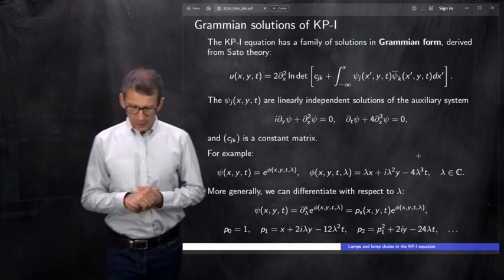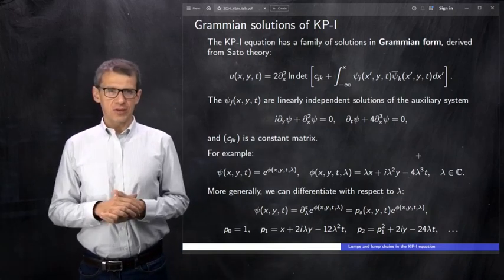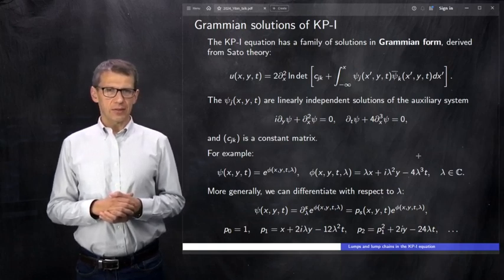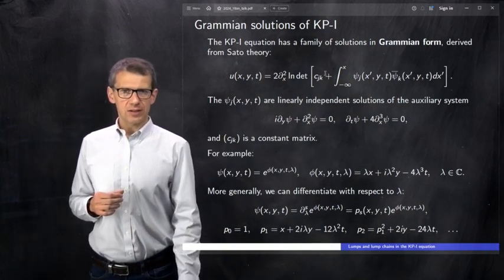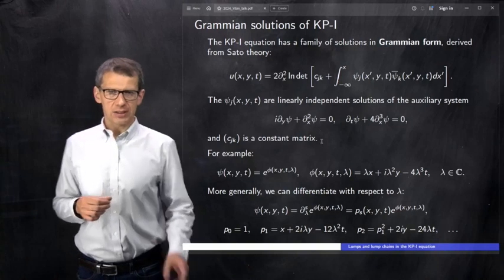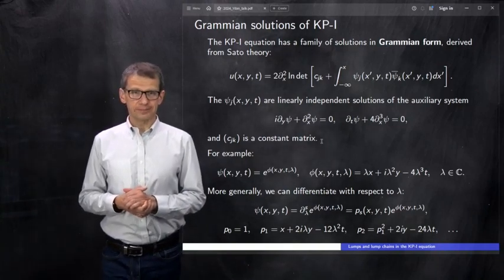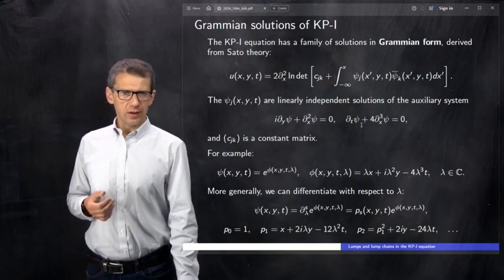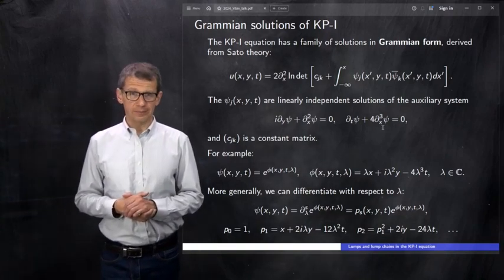Okay, so how am I going to construct solutions of KP1? So the KP1 equation has a rich family of solutions in what's called Gramian form, which is perhaps less well known than the Wronskian form. So it's also derived from Sato theory. So what are the ingredients of the Gramian solutions? So you take a matrix C_jk, which is a symmetric positive semi-definite matrix. And then you take a set of solutions, psi_j, which are linearly independent solutions of the auxiliary system to KP1.